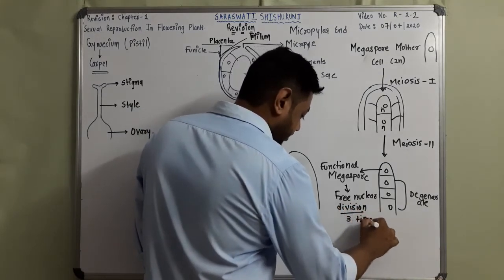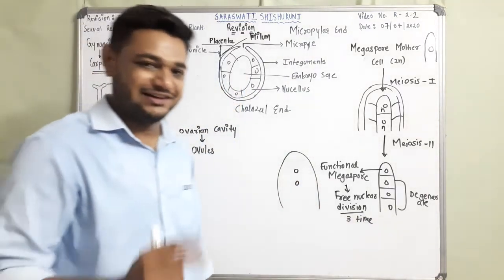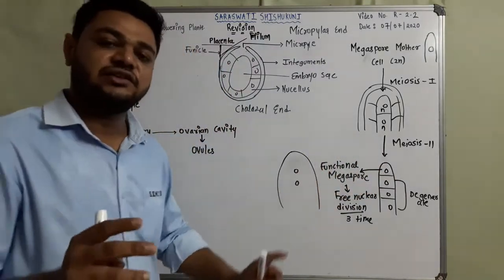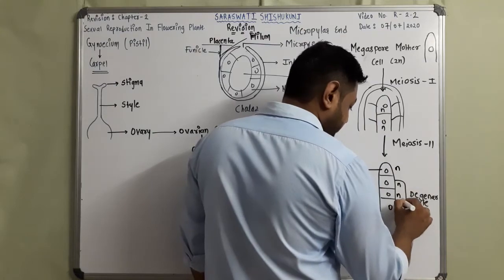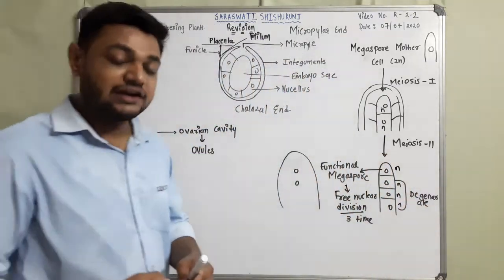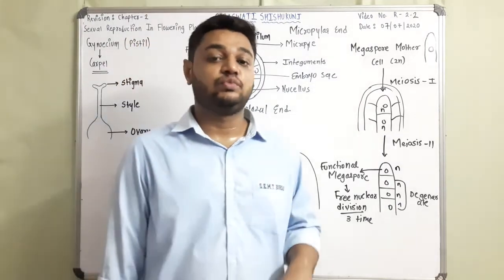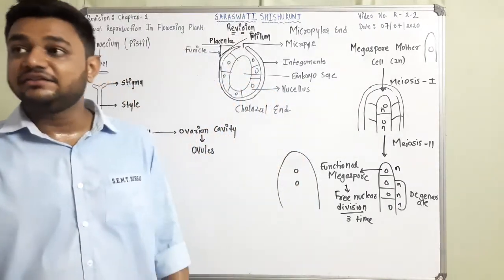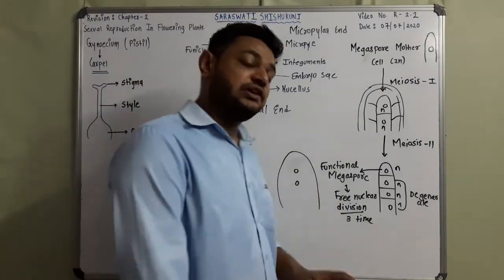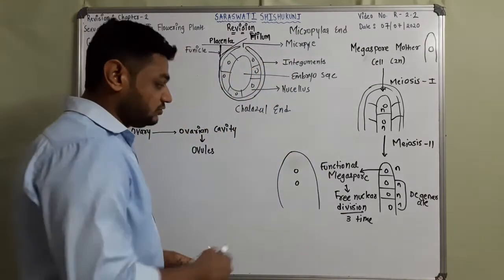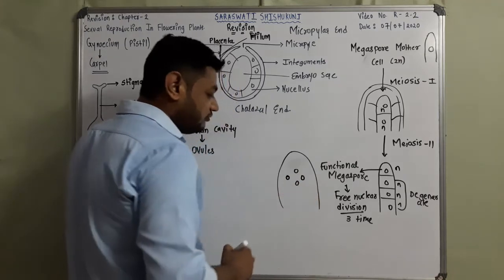The first division will result in 2 nuclei, that is, 1 nucleus divides into 2 nuclei. These are all haploid. When 3 get degenerated and 1 functional megaspore is there, it is referred to as monosporic development. Now this undergoes free nuclear division 3 times. So 2 nuclei are formed. Then again it divides to form 4 nuclei.